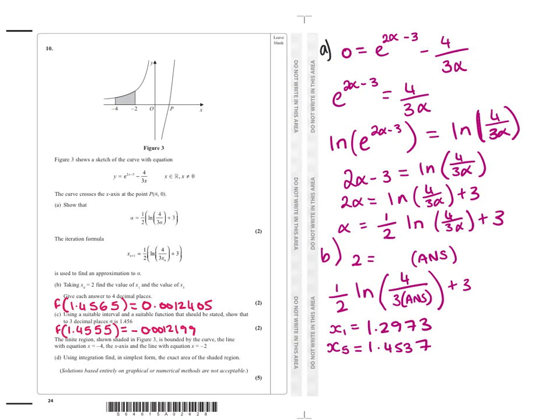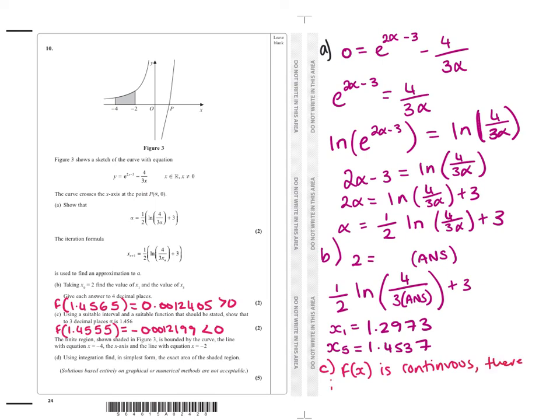Now this is what I always find the easiest part in Pure 3, because you know this is less than 0, this is greater than 0. So for part C, f of x is continuous.